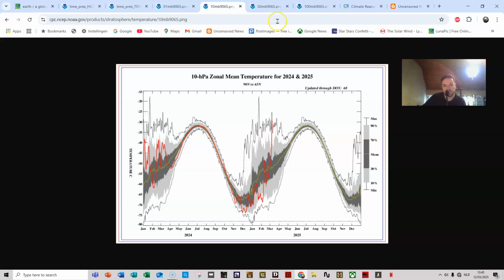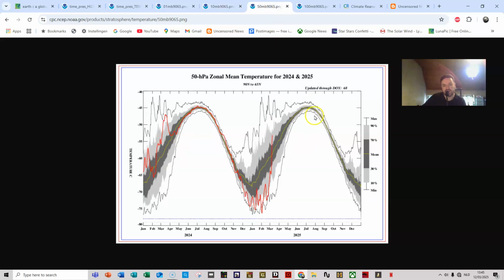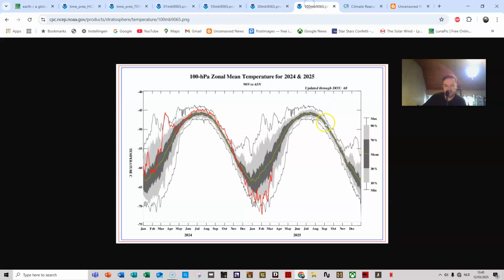at 10 millibars. It is still present. We can see it at 50 millibars, and over the course of the following weeks, we will see it develop over 100 millibars, etc., because it goes downward.